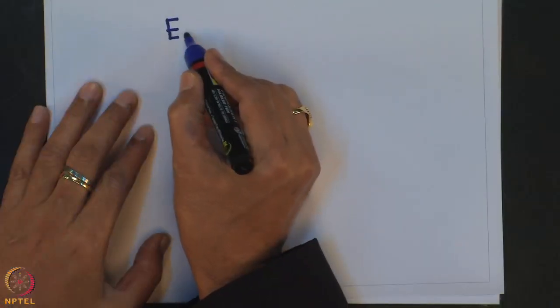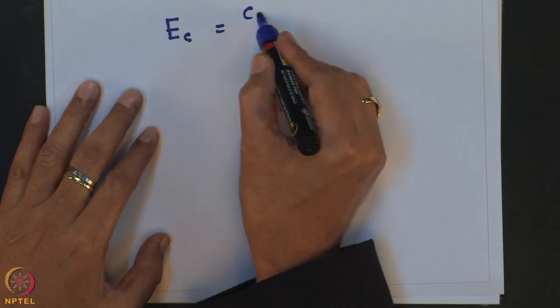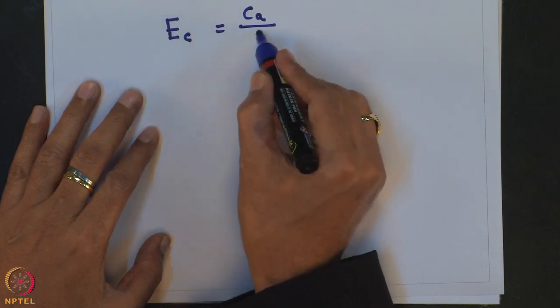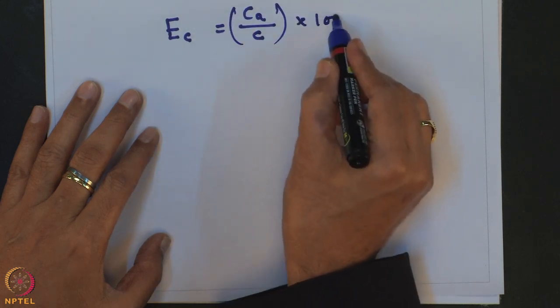So, from both the tests we can determine the efficiency. You can write the equation for what is called the efficiency. This is designated as E_C. E_C is equal to C_A divided by C, times 100.